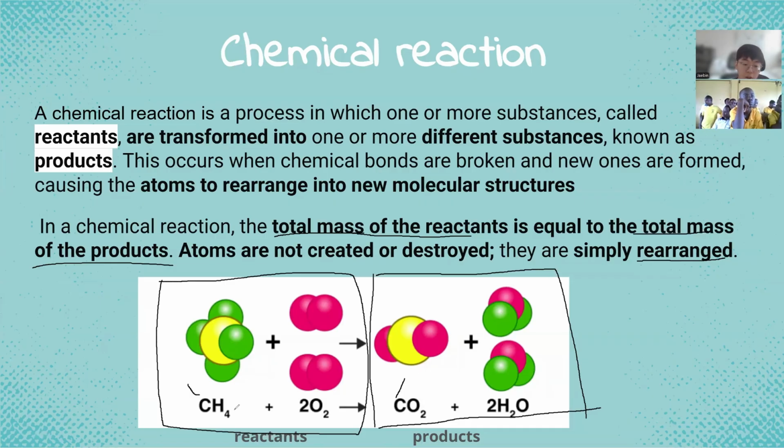Even if the molecules are different, like CH4 and CO2, two completely different gases, the carbon is simply rearranged. Carbon dioxide does not magically appear. It's rearranged from CH4 and two oxygen gases on the reactants.